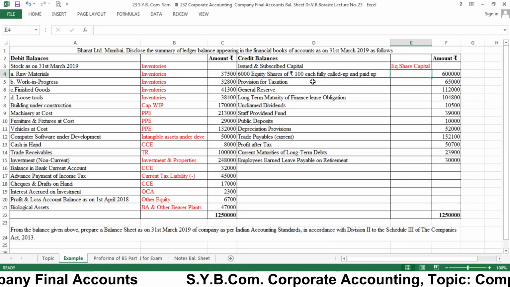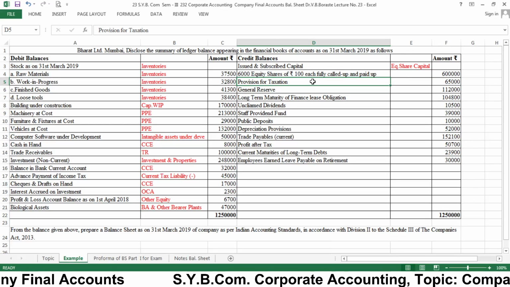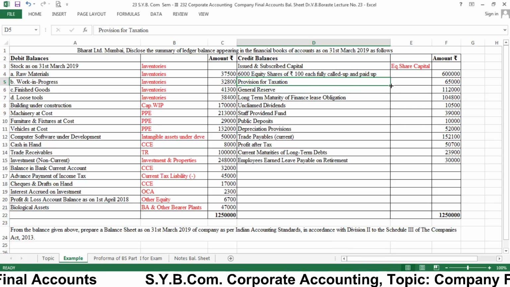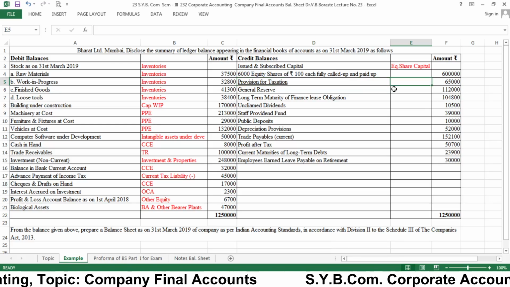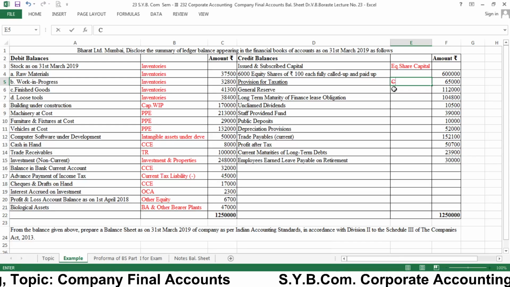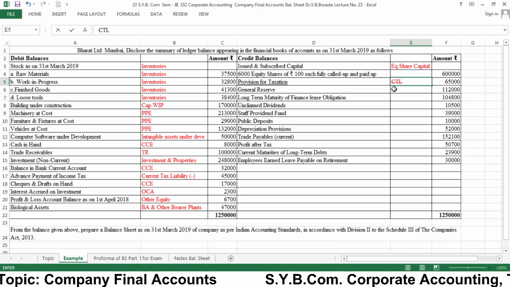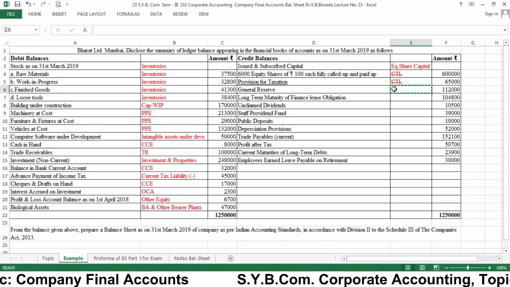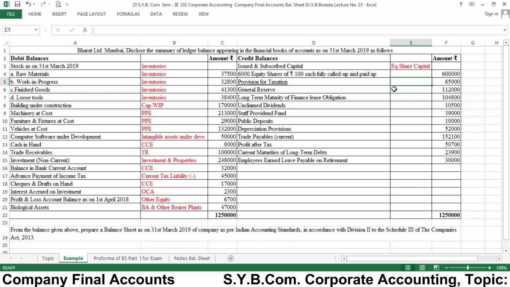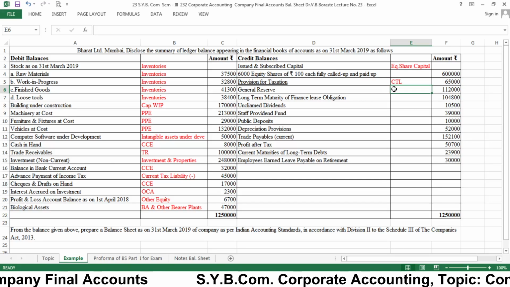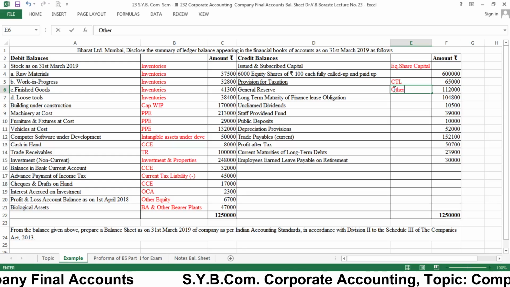Second one is provision for taxation. It will be recorded in current tax liability, so I am putting here CTL, current tax liability. General reserve, this is other equity.